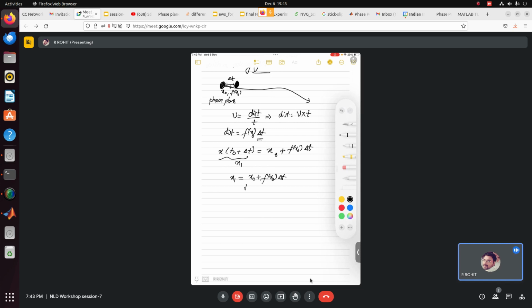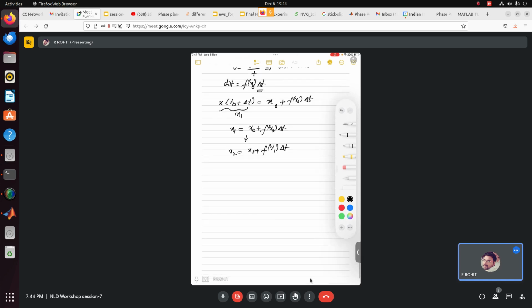Now if you do the same process over the next point, so this was your x1, say. If you take one more delta t and take the particle here, say this is your x2. For the given x2, you can say that it is nothing but x1 plus f of x1 times delta t.